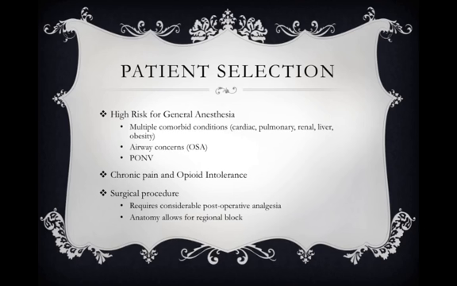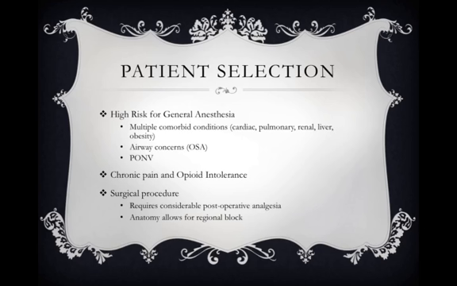Those with airway concerns, because of their difficulty with establishing an airway and providing ventilation, are also patients that would benefit from a nerve block, as well as those who experience postoperative nausea and vomiting from general anesthesia.